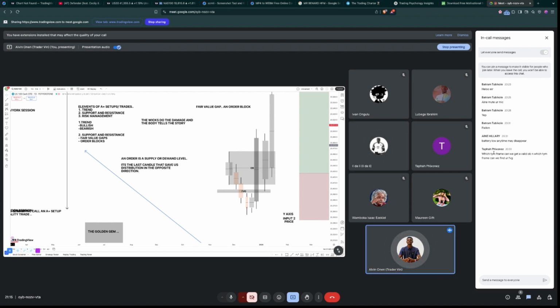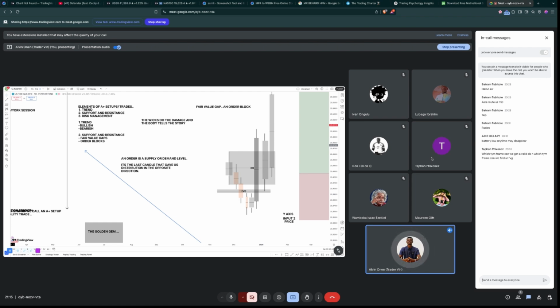So I'm seeing a question here from Phoenix. In which time frame can we get a valid order block? In which time frame can we find the FVG? So I've told you guys that there are three things. You have to figure out which type of trader you are. Are you a day trader? Are you a swing trader? Or are you a scalper?